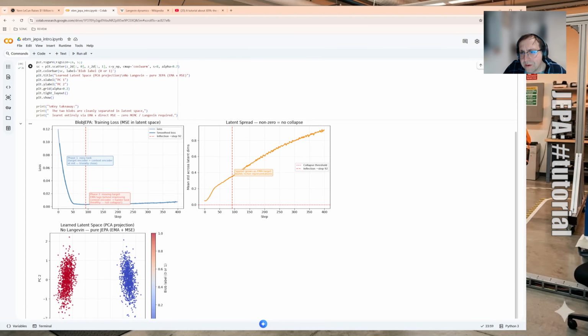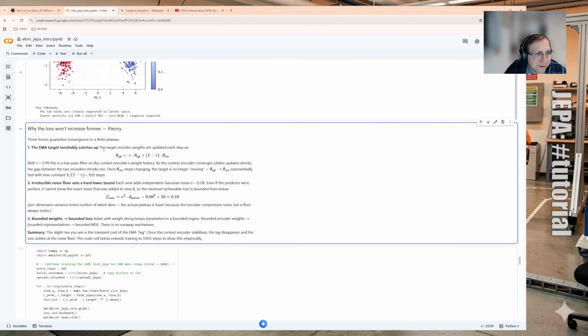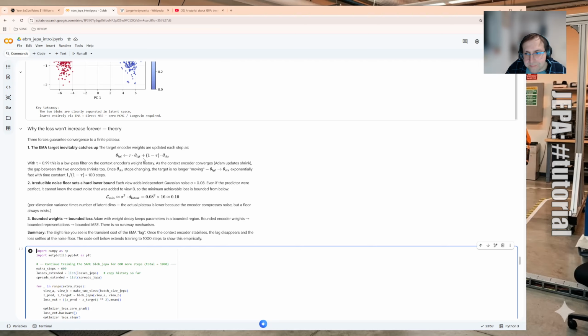Why is the loss going up a little bit here? How do we know this doesn't increase forever? Will this just be climbing up? But the answer is no, for three main reasons, which I explain here.